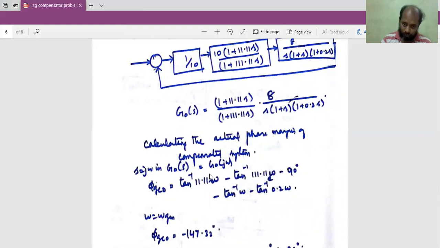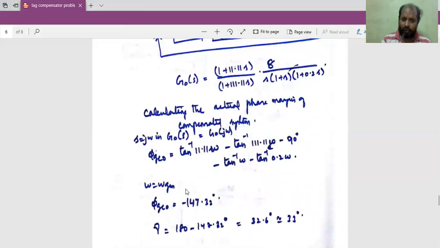Write your phase angle equation. So phi is equal to tan inverse of 11.11 omega minus tan inverse of 111.11 omega minus 90 minus tan inverse of omega minus tan inverse of 0.2 omega. Now replace omega with omega GCN, which is already found as 0.9.